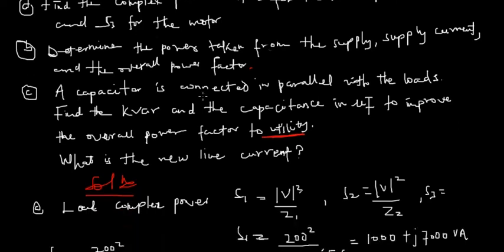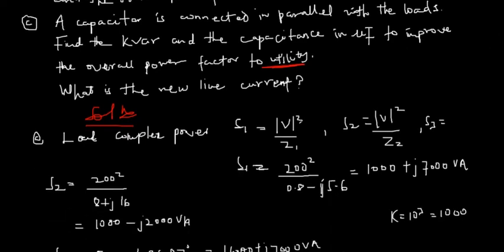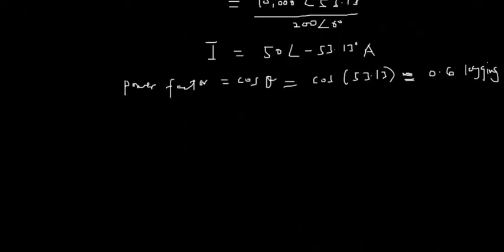A capacitor connected in parallel with the loads, okay. So we have to find the kVA and what? The capacitance in what? Microfarad, to improve the overall power factor to unity, okay. So after that we calculate what? The line current. So this is how we go by that, okay.